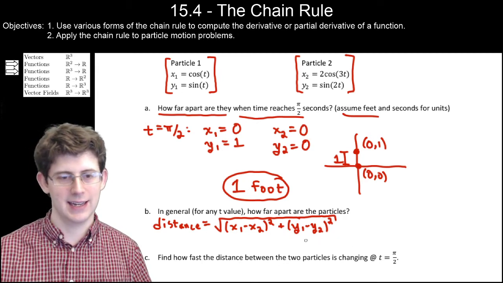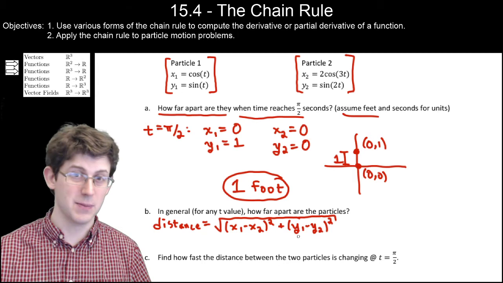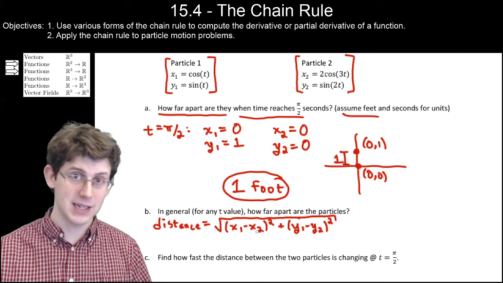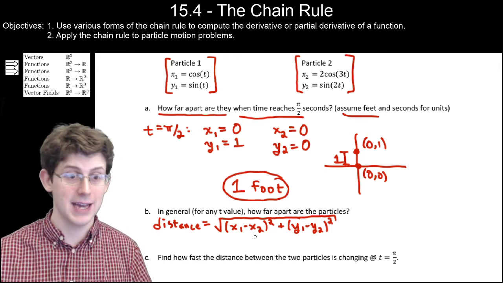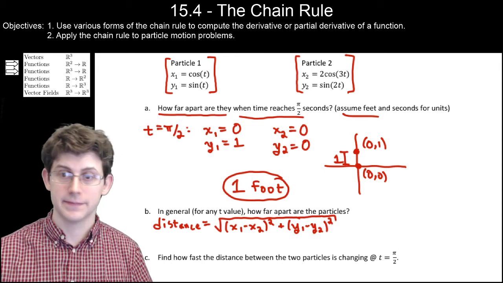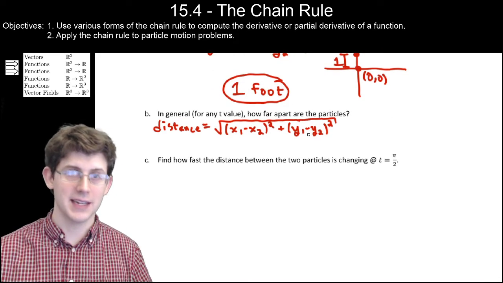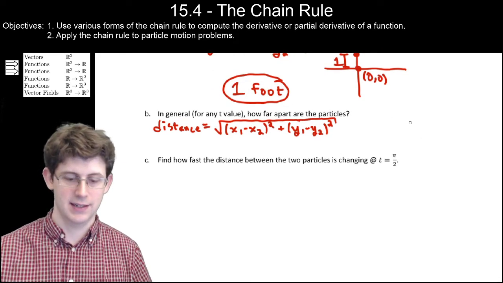It would be useless for me to put 2 cosine 3t in here when 2 cosine 3t already has a perfectly respectable name. It's named x2. Until we get a reason to put all that stuff in, we should just leave it like this.